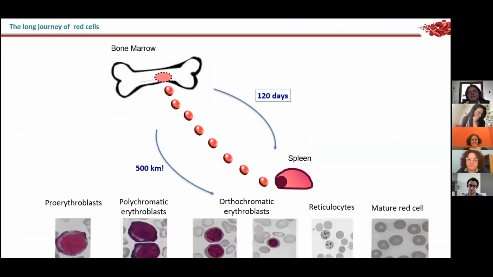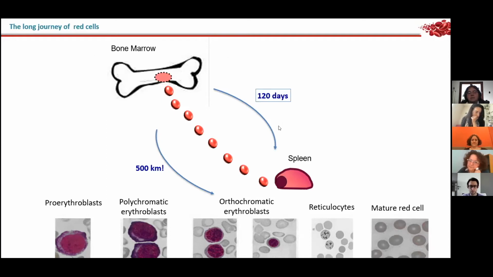Okay, and starting from what Noemi told, I present to you the cells that are indeed involved in this disorder. These are some immature red cells that are usually in the bone marrow, but in some cases in CDA we also find them in blood, both immature and mature red cells.